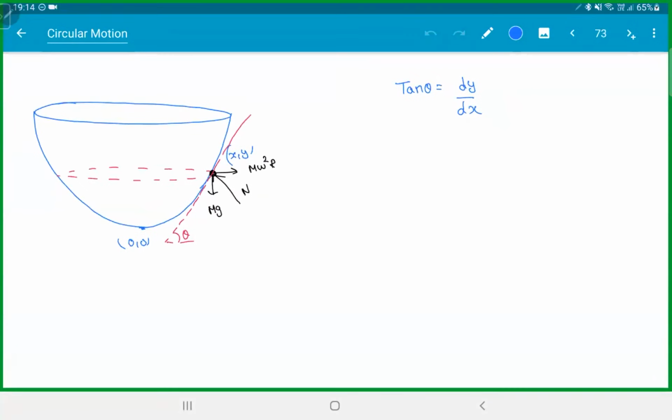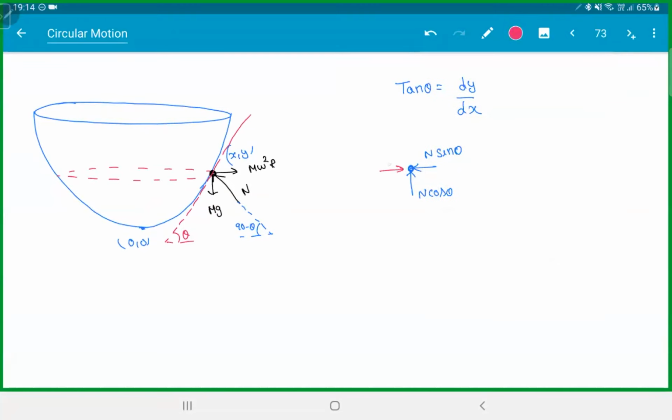So the idea here is, if you write the equation for this particle here, the N components will be how much? This angle is 90 minus theta. So N sine theta, N cos theta.